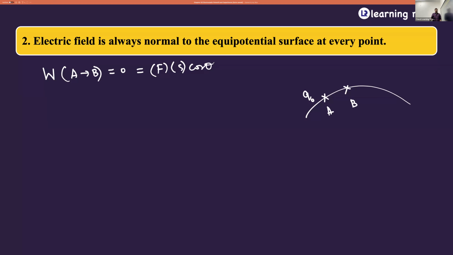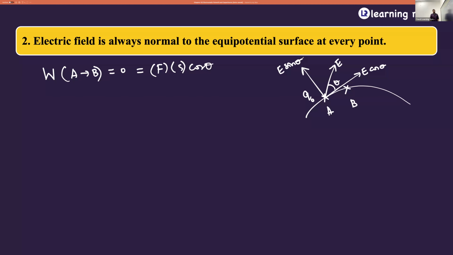Let us assume that the electric field was not normal to the surface. If I take the electric field, for instance, to be like this, then this electric field can be resolved into two components. If I take this angle to be theta, then one component is E cos theta and the other is E sin theta.